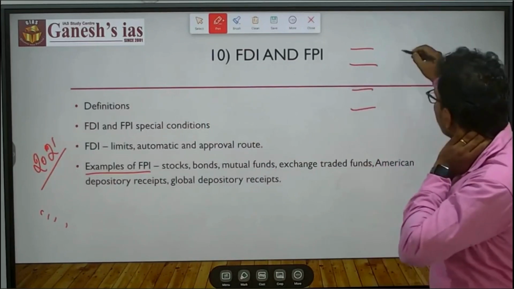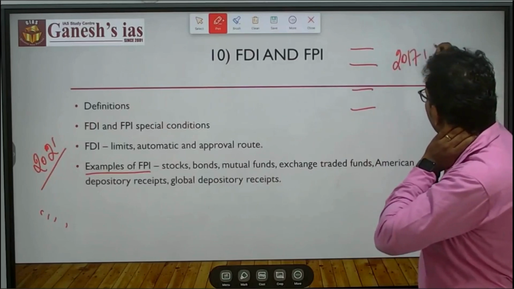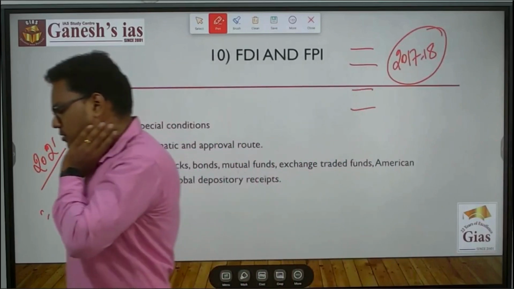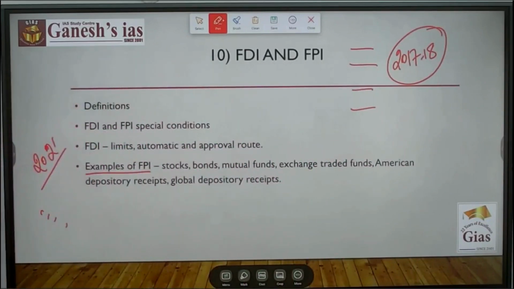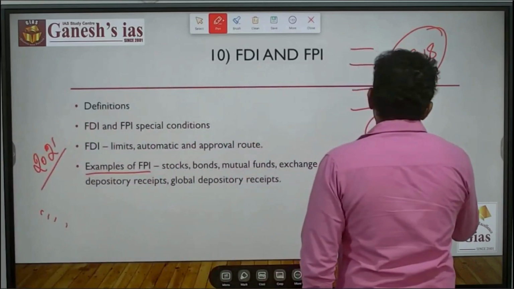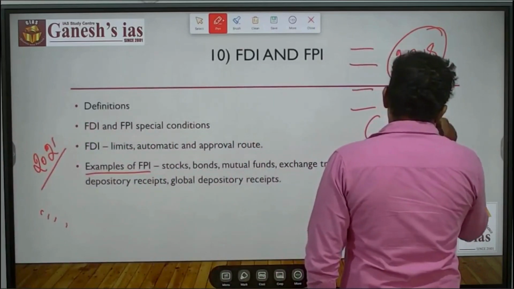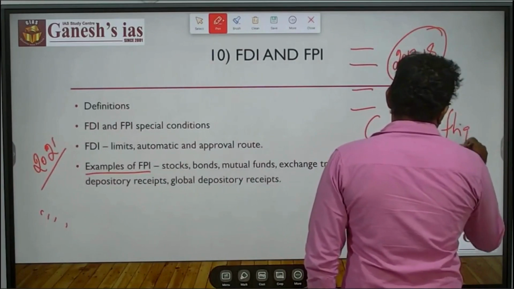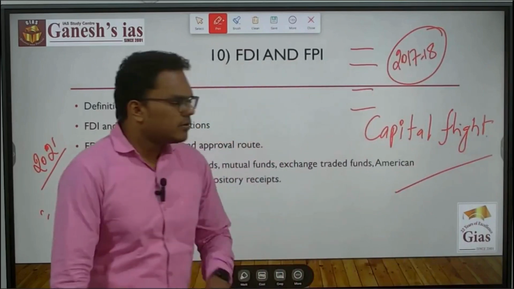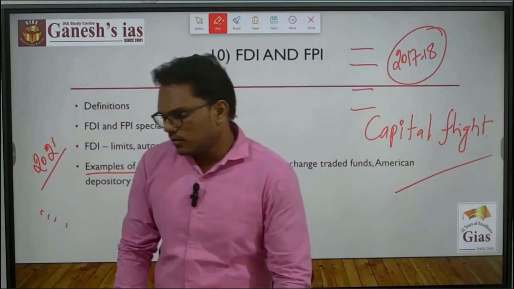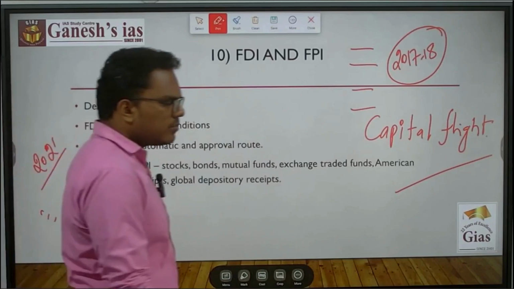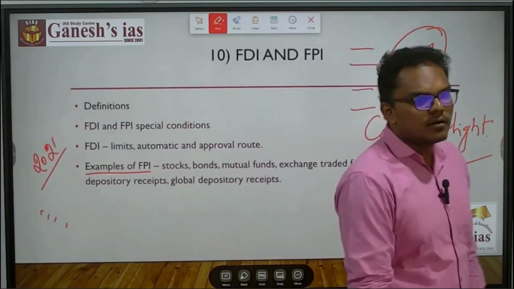Say for instance, in 2017-18, when India was facing a slight recession, at that time you had a phenomenon called capital flight, which means when your investors lose confidence in your economy, they start pulling out all the money that they have invested in your FPIs.